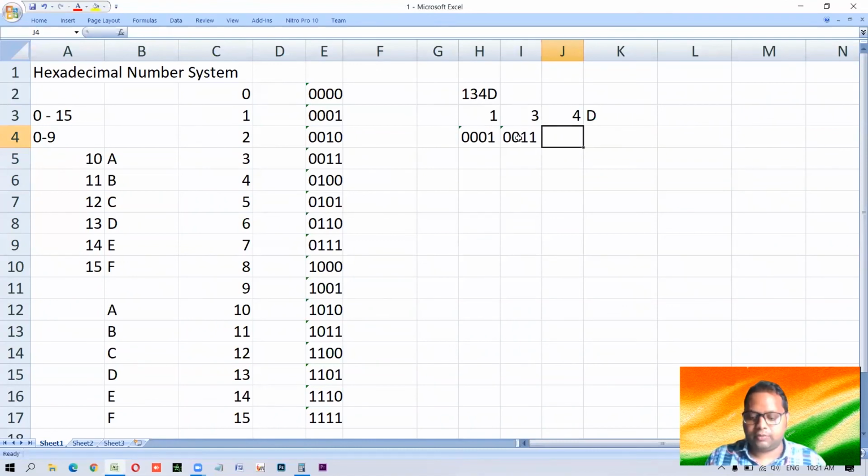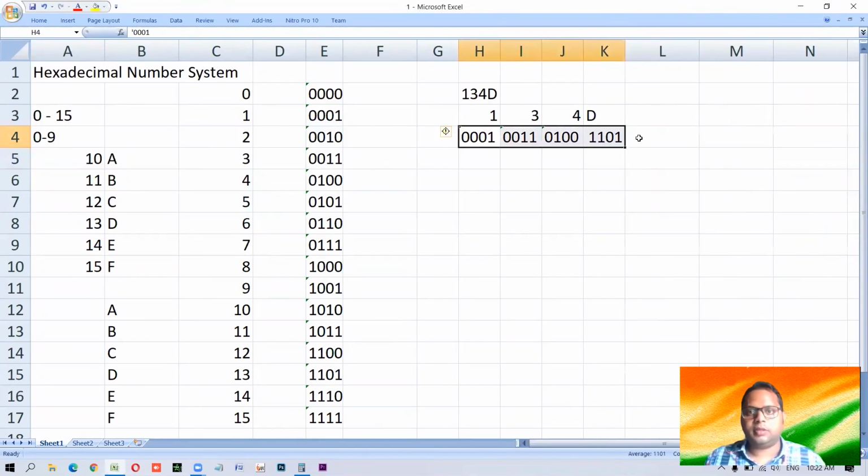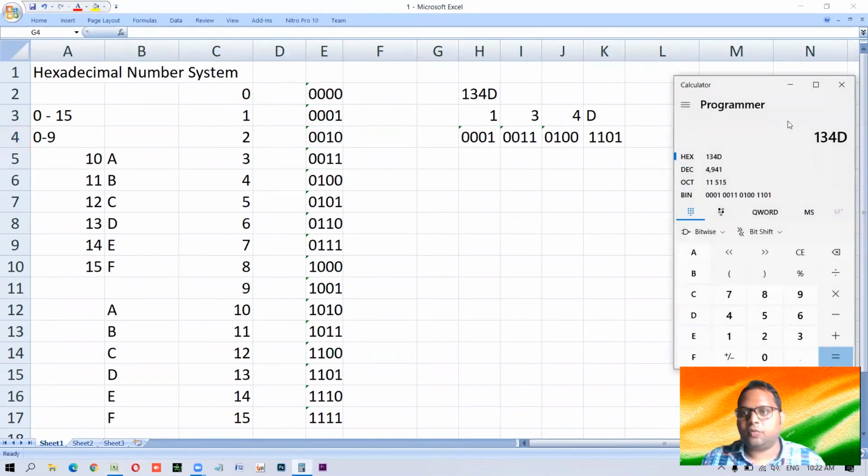Now for 4, we have 0 1 0 0. And for D, that is 13, 1 1 0 1. Okay. Now put them all together and then let us verify it. 1 3 4 D. If you write it in hexadecimal, look, match it: 0 0 0 1 0 0 1 1 0 1 0 0 1 1 0 1.